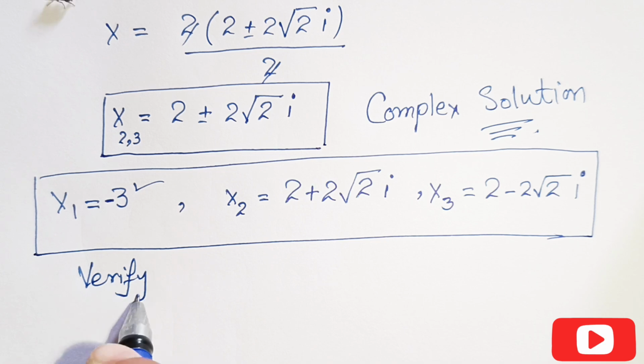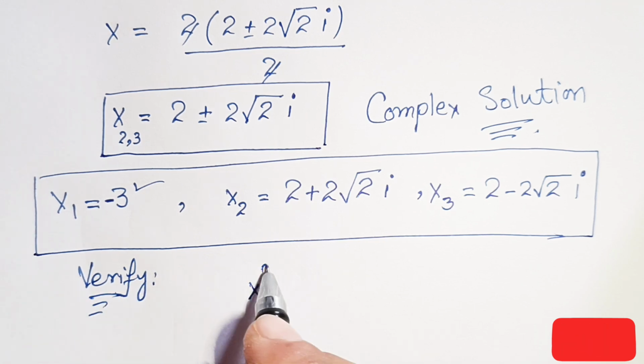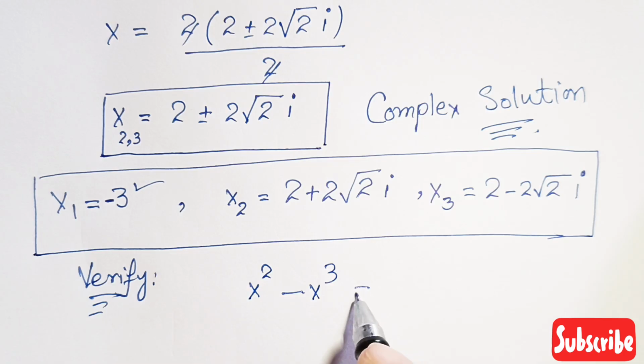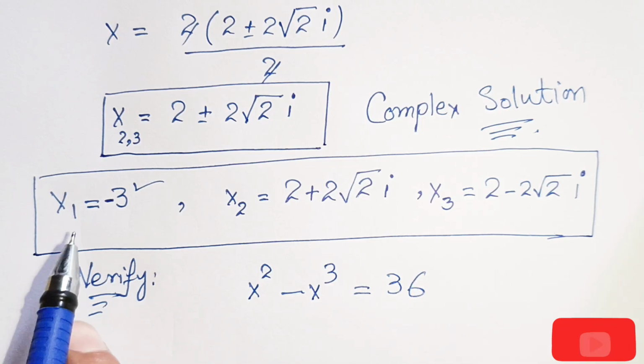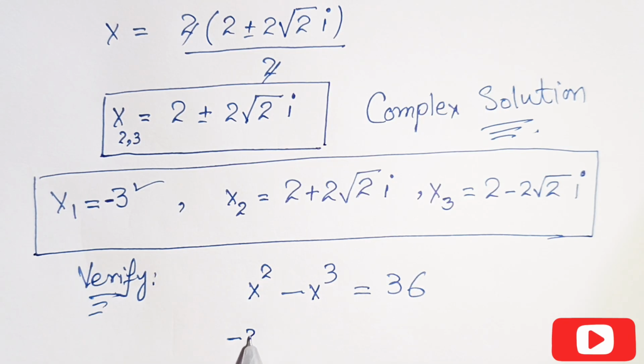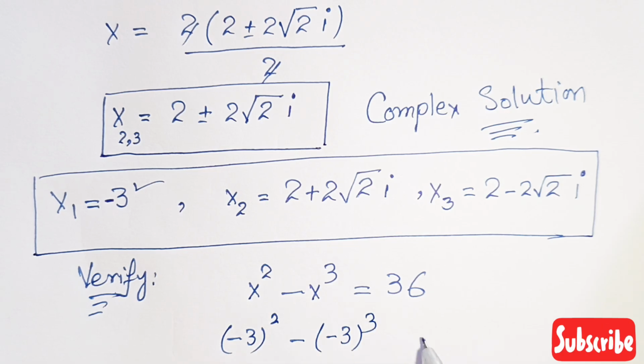So let's verify. Our problem is x squared minus x cubed is equal to 36 when x is equal to minus 3. So here we have minus 3 squared minus minus 3 cubed, is it equal to 36?